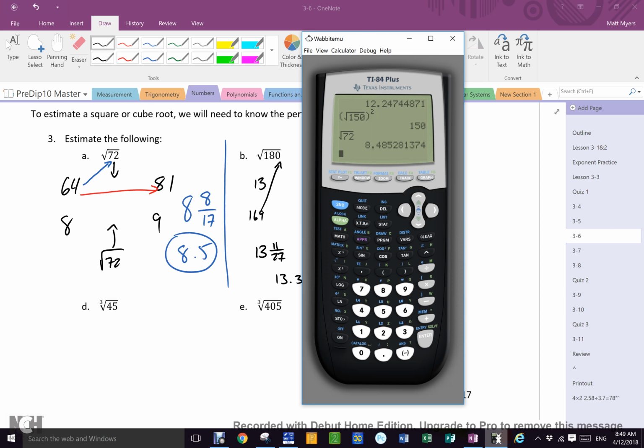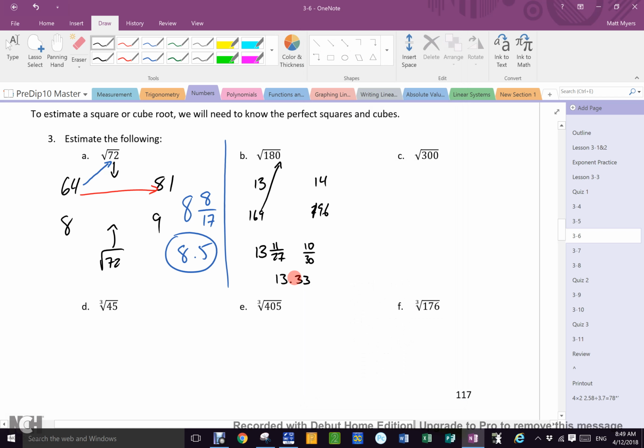Now we can check. Square root 180, 13.4, 13.33. Easy peasy, right? Now you should be able to handle the rest by yourself. Meanwhile, I'll be writing down all 4 of these.